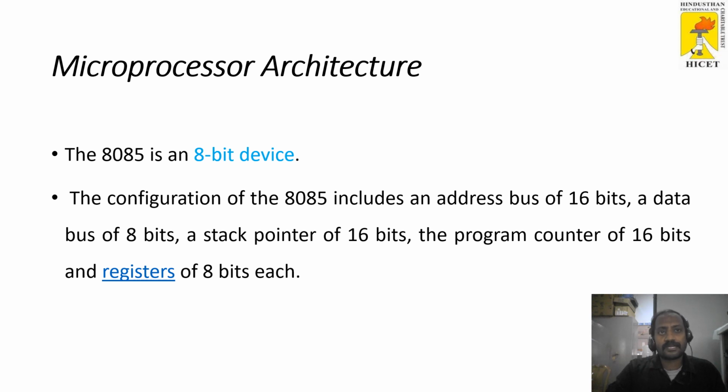A microprocessor consists of general purpose registers and special types of registers for execution of instructions, to store the address or data while running the program. The configuration of 8085 includes an address bus of 16 bits, a data bus of 8 bits, a stack pointer of 16 bits, the program counter, shortly called PC, of 16 bits, and registers of 8 bits each.